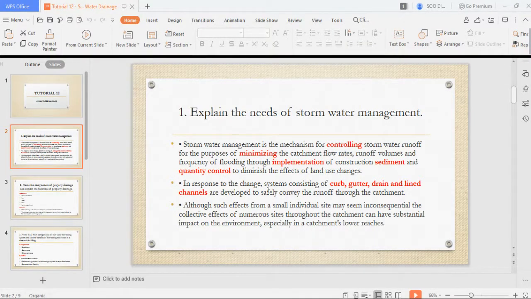In response to the change, systems consisting of curb, gutter, drain, and lined channel are developed to safely convey the runoff through the catchment. Although such effect from a small individual site may be inconsequential, the collective effect of numerous sites throughout the catchment can have substantial impact on the environment, especially in the catchment lower reaches.